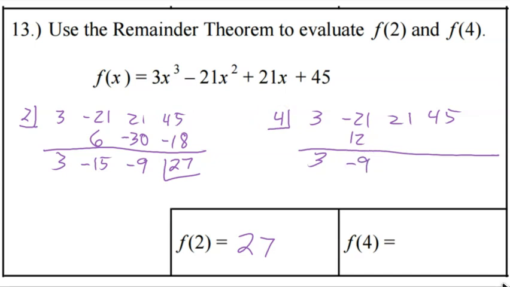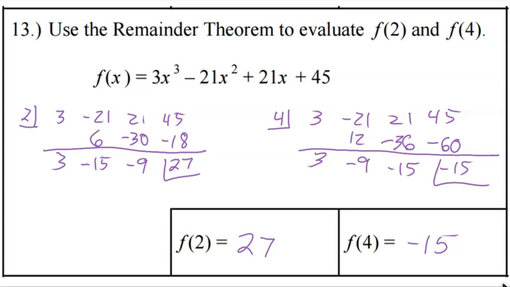Negative 9 times 4 is negative 36. Negative 36 plus 21 is negative 15. Negative 15 times 4 is negative 60. And negative 60 plus 45 is negative 15. And that's a remainder, therefore f of 4 is equal to negative 15.